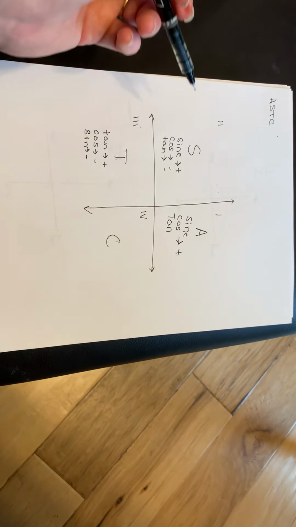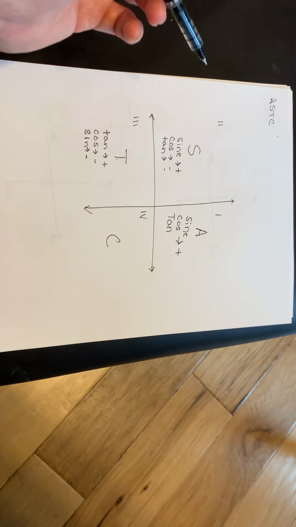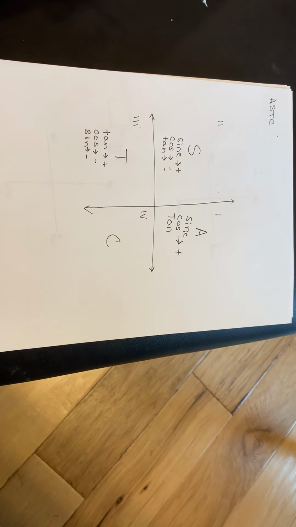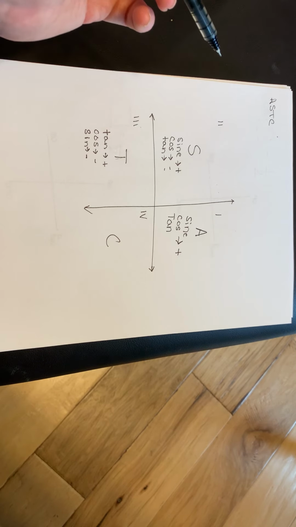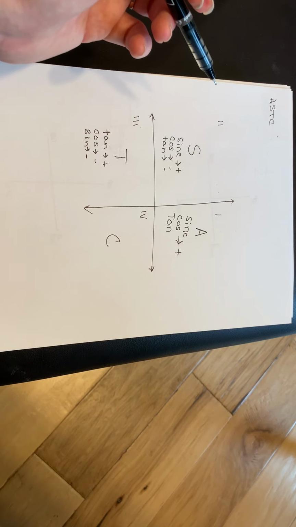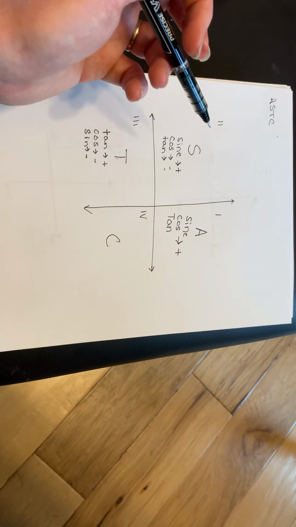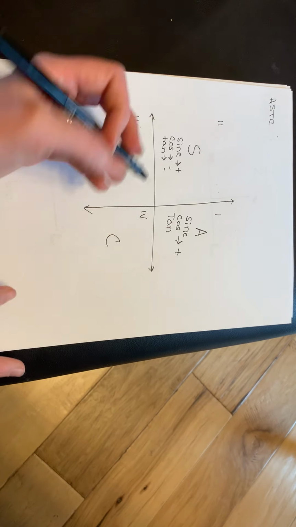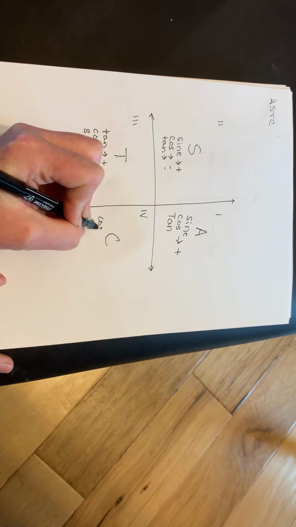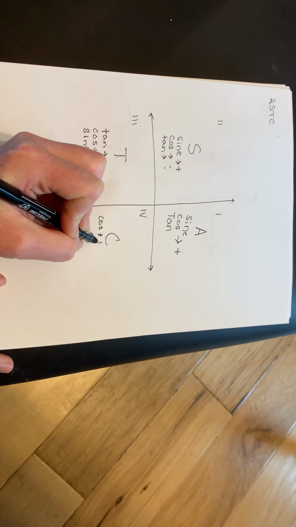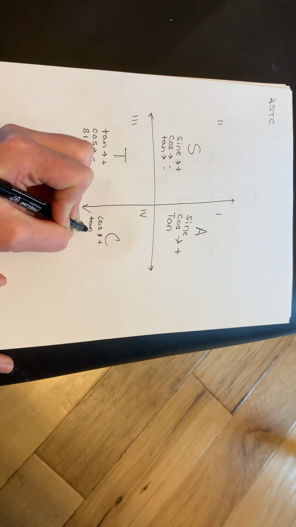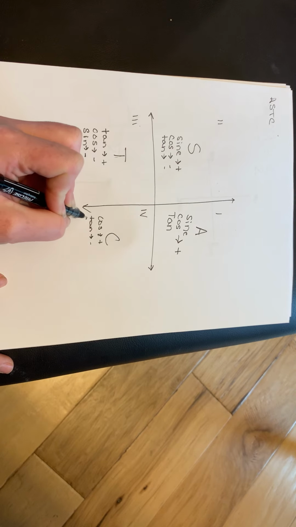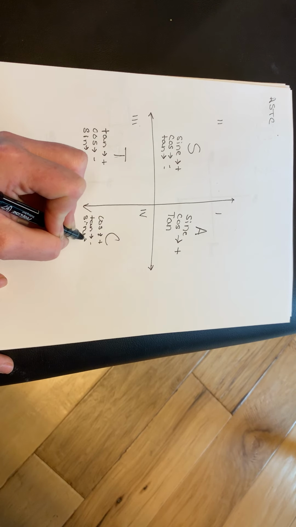And in the last quadrant, we have cosine is the only thing that is positive here. So tangent and sine are going to be negative. So cosine is going to be positive. Tangent is negative, and sine is negative as well.